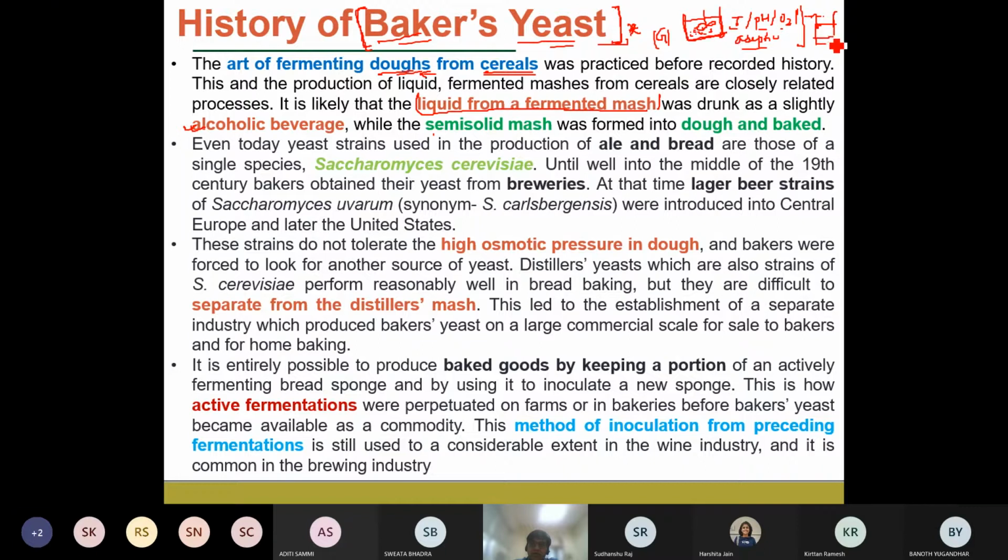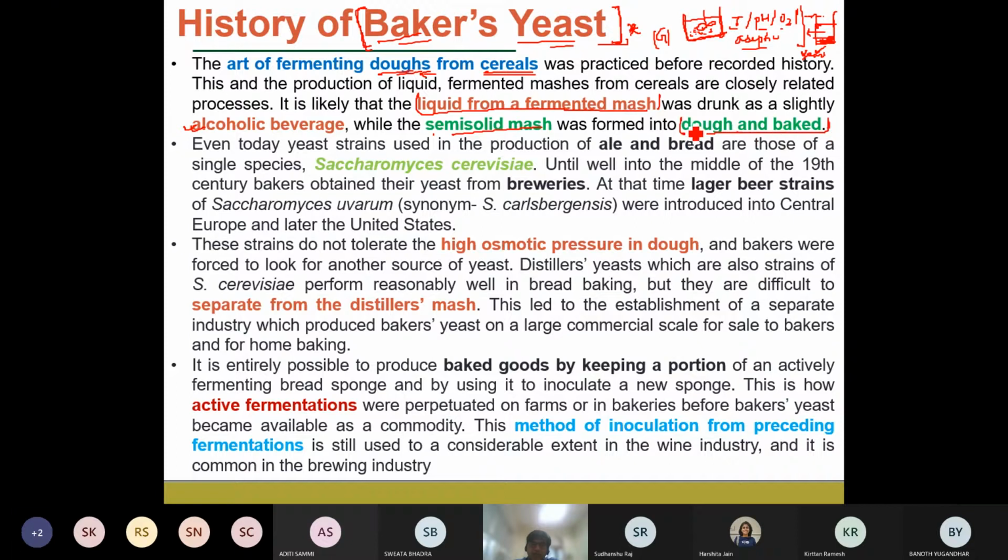The liquid part, which was generally on the top of the fermenter, was used for the alcoholic beverages. But at the bottom there was some semi-solid mash, which was nothing but the microorganisms, in this case the yeast, left behind. It was in the form of semi-solid mash, and that was used in the formation of dough and baking products.